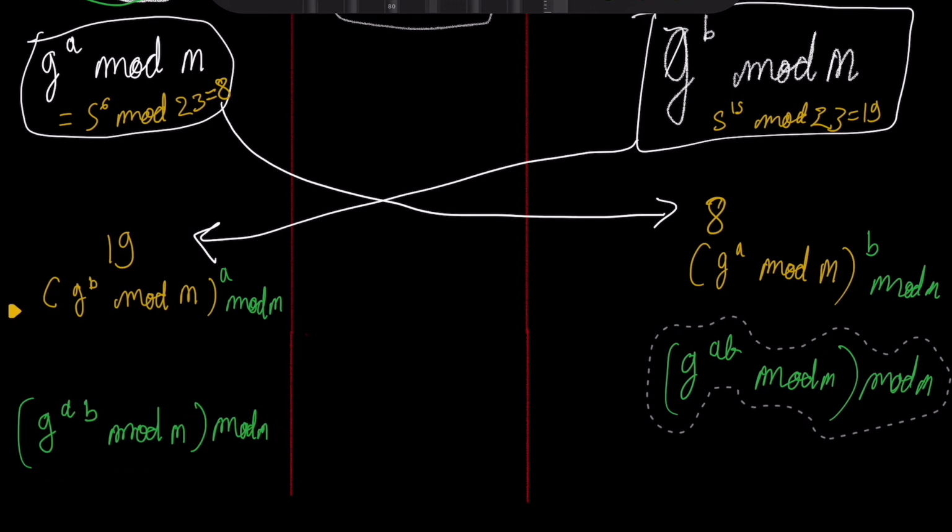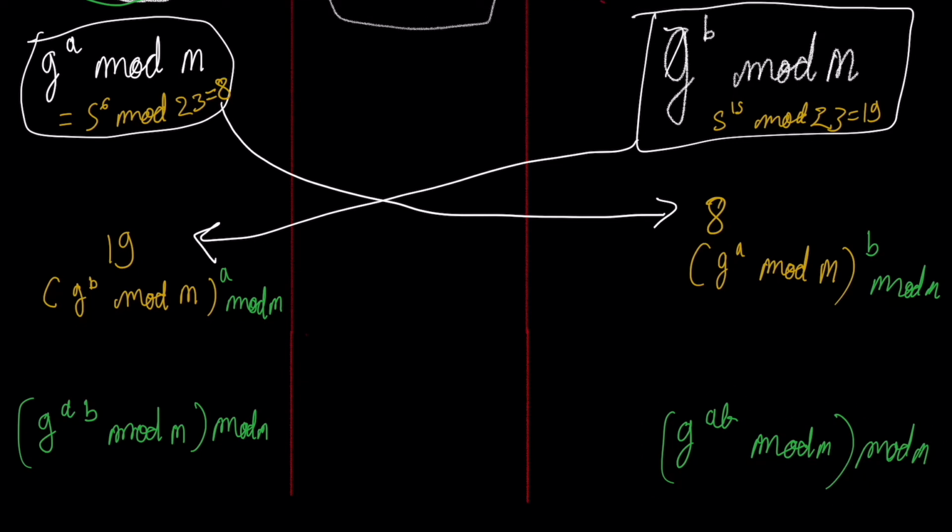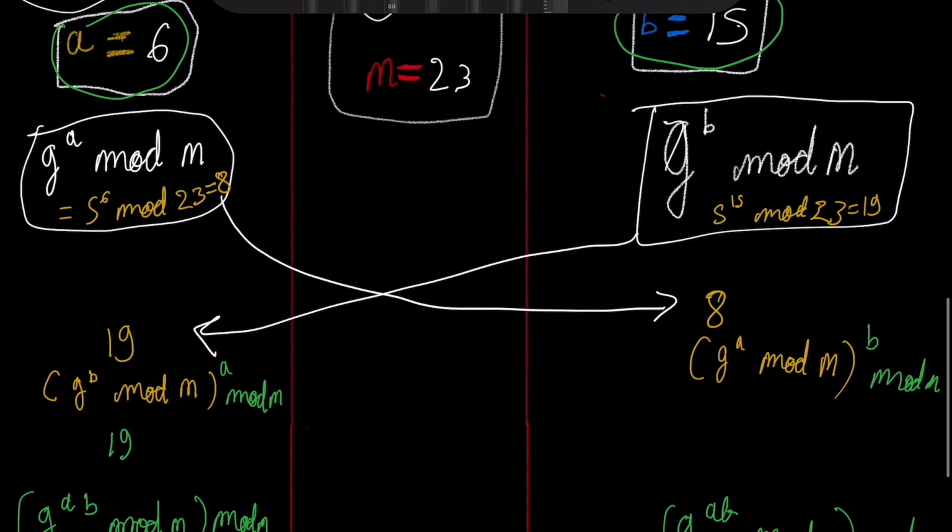Let me just show you that they have got the same value, but let's do the calculation. So what we have is g to the b mod n was 19 to the power a, which is 6, mod n, essentially. So n is 23. Someone is using their phone near me.